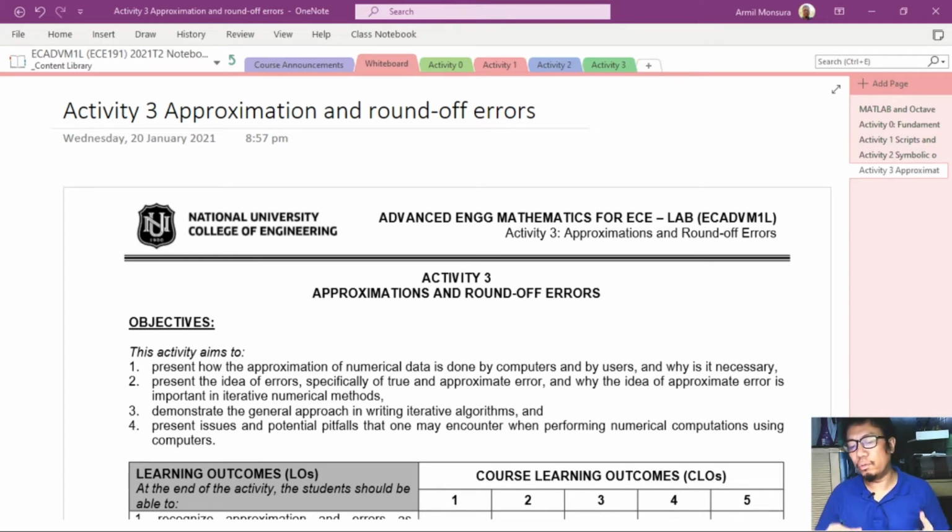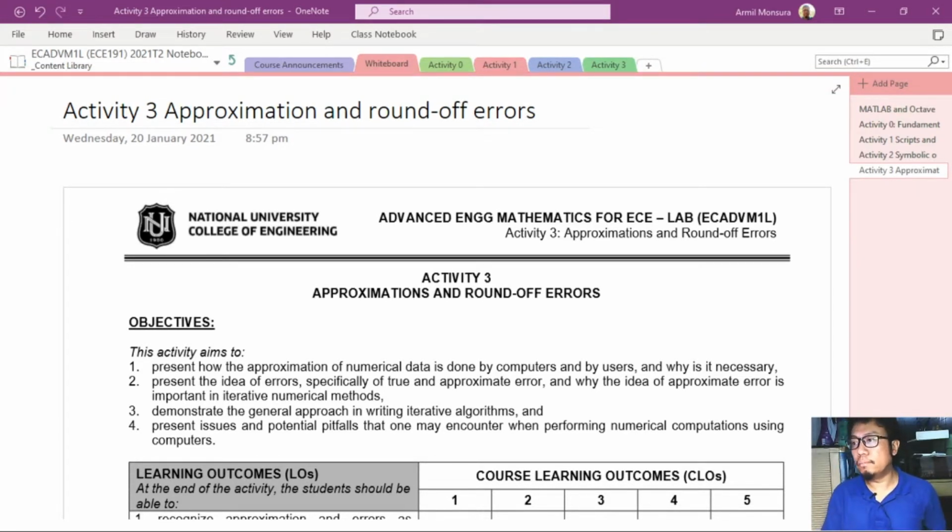Although we will not use the term data much more often here, basically everything that you use in your computer as part of computations can be considered as data. But this approximation is basically necessary.